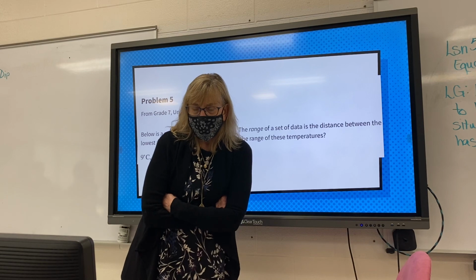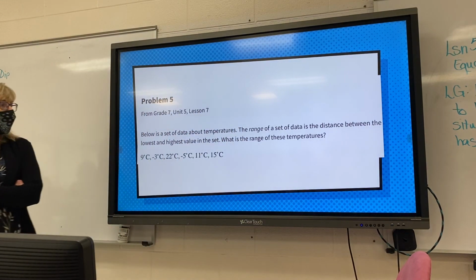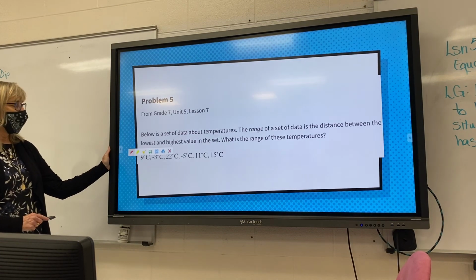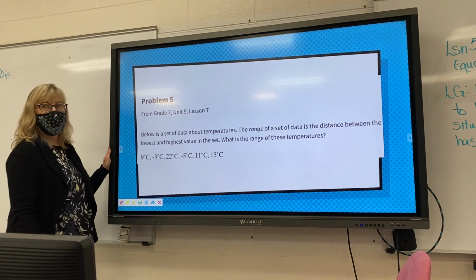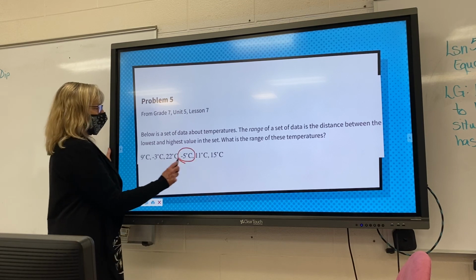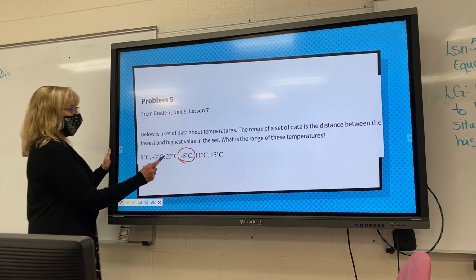I got 25, 27, and 17, okay? What's the smallest number? -5. Think of a number line, what's the smallest number? -5, that's the coldest temperature up there. What's the hottest temperature up there? 22.